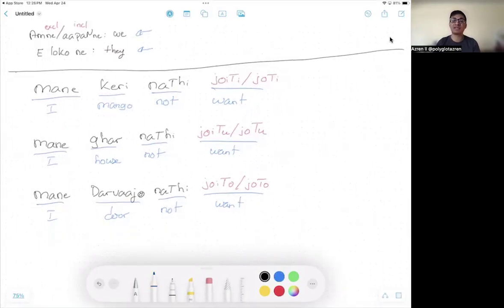One more example. Let's say the same salesperson comes to my door. Knock, knock, knock. Hey, do you want to buy some doors? And you're like, nah, I don't want any doors. મને દરવાજા નથી જોઈતા or જોતા.